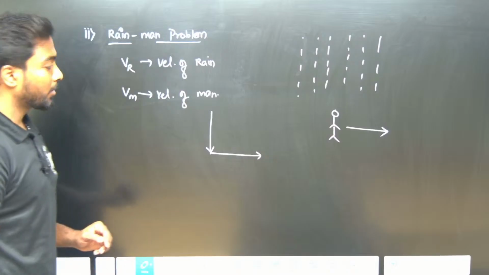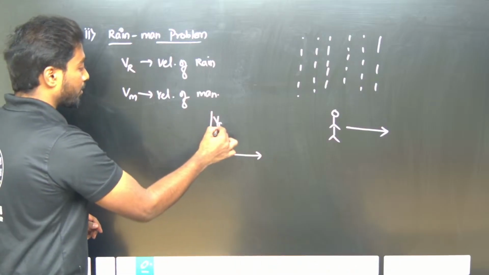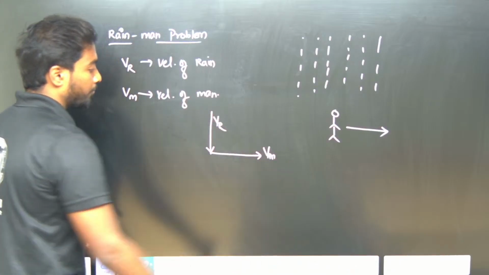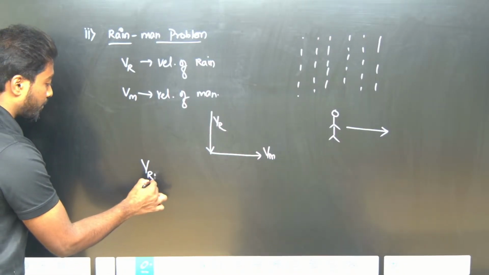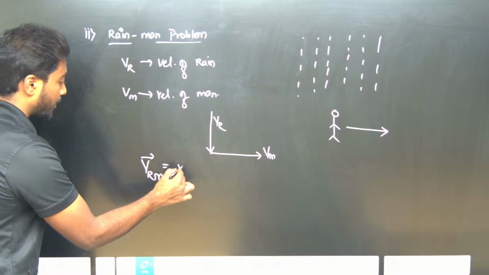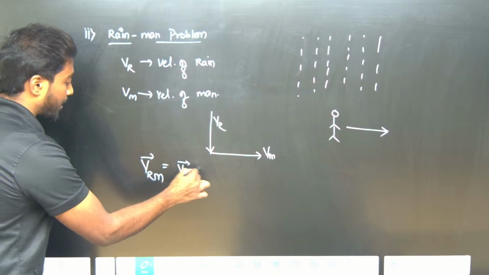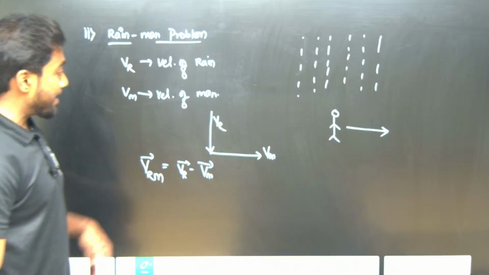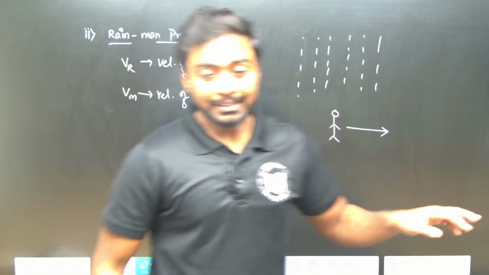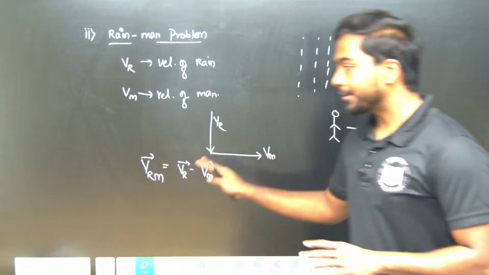Draw the vector. This is my velocity of rain and this is my velocity of man. If I want to write velocity of rain with respect to man, it is nothing but velocity of rain minus velocity of man. Everything is a vector only.